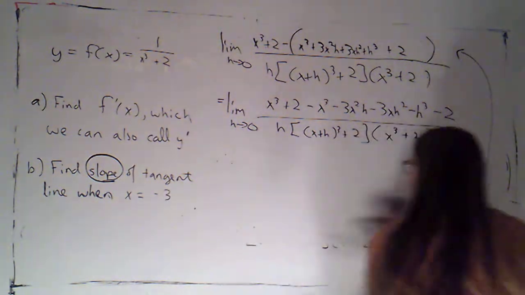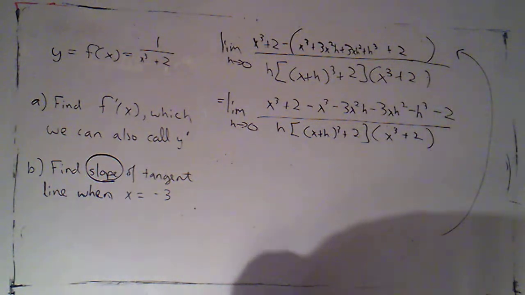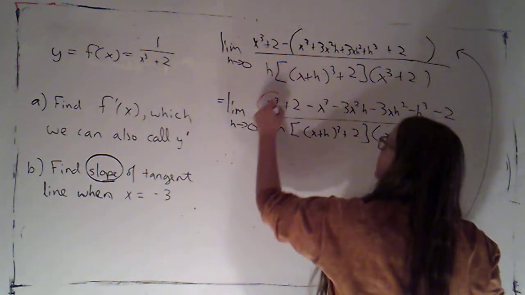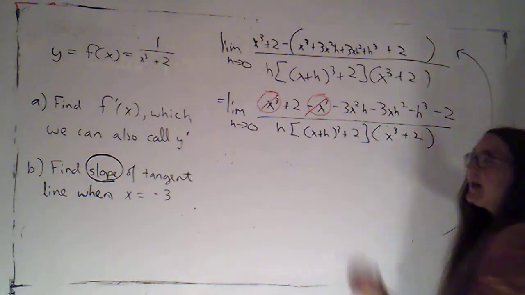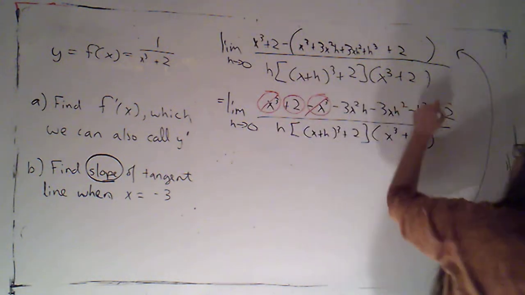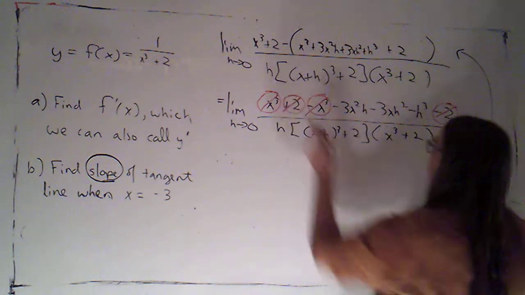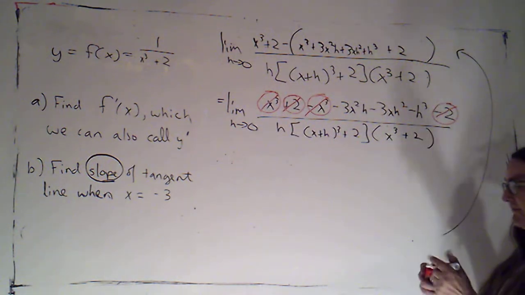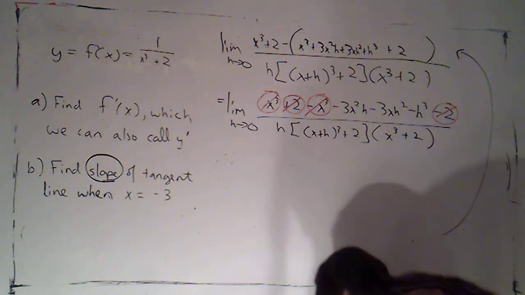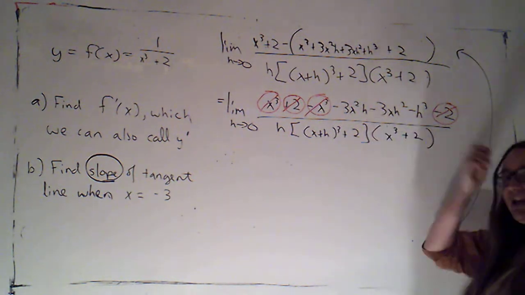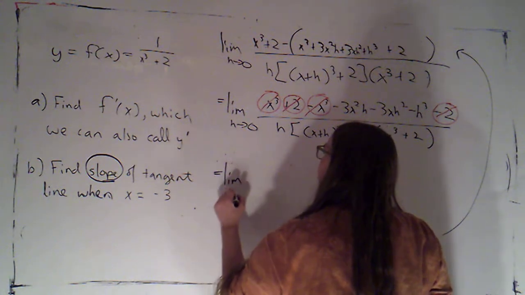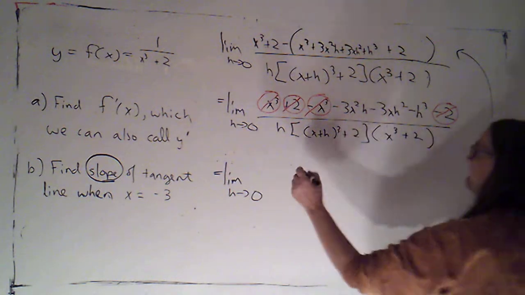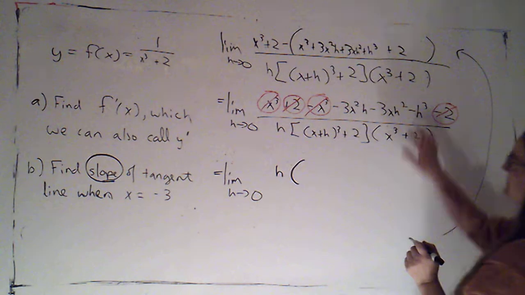Okay, so let's see what cancels on the top. Here's an x cubed and a minus x cubed. Those cancel. Here's a 2 and a minus 2. Those cancel. Notice everything that's left on top has an h in it. So in my next line, I'm going to factor out an h from the top.